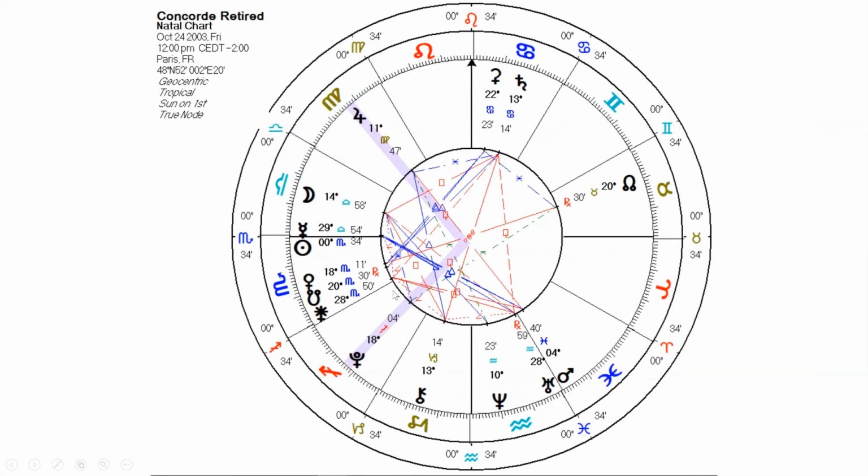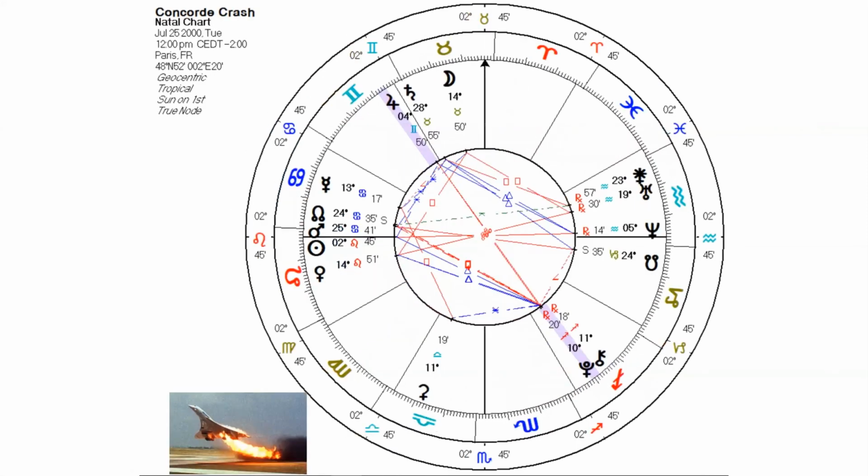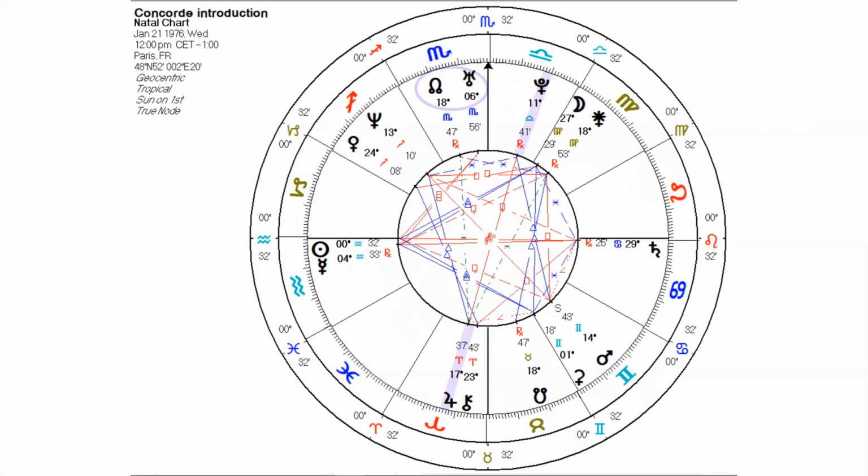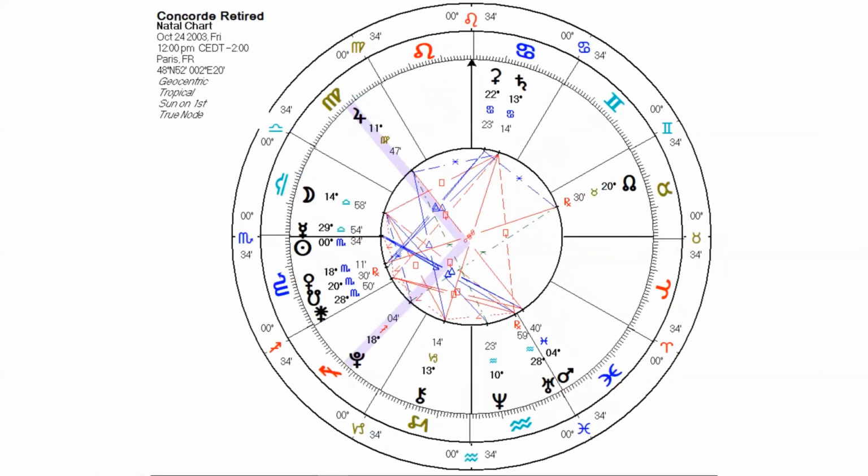Interestingly, another thing you'll notice: the Concorde introduction in January '76 with the nodes at 18 Scorpio-Taurus, and it's retired with the same nodes. How's that?